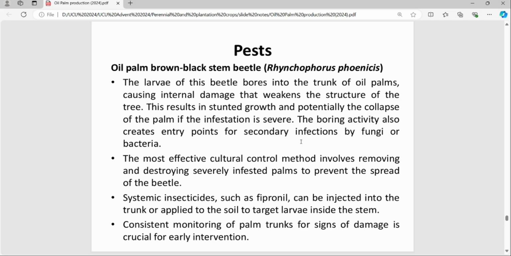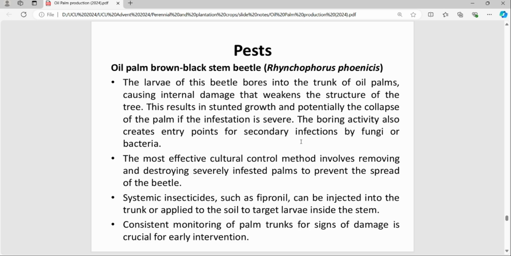Then we have the oil palm brown black stem beetle, and the larvae of this beetle is the one that bores into the trunk of the palm trees, causing internal damage, and this weakens the stems of the palm. This results in stunting, yellowing of leaves, and in case the infestation is high, the plants might collapse.